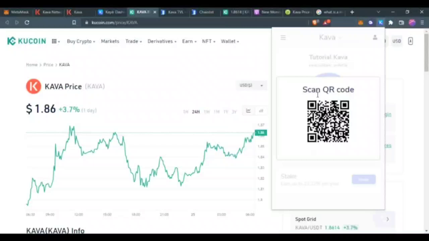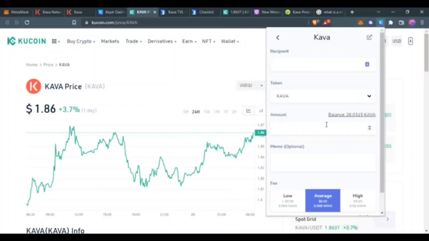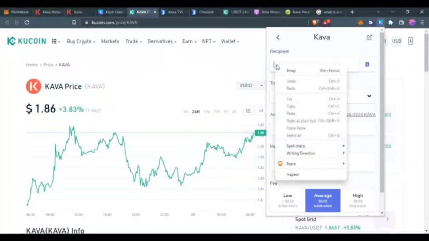Deposit, you can use the QR or you can copy the public address here. Now, to pay attention to when you're sending some of these assets, they will have a memo which is separate from the recipient's public address that you're going to be using, right?